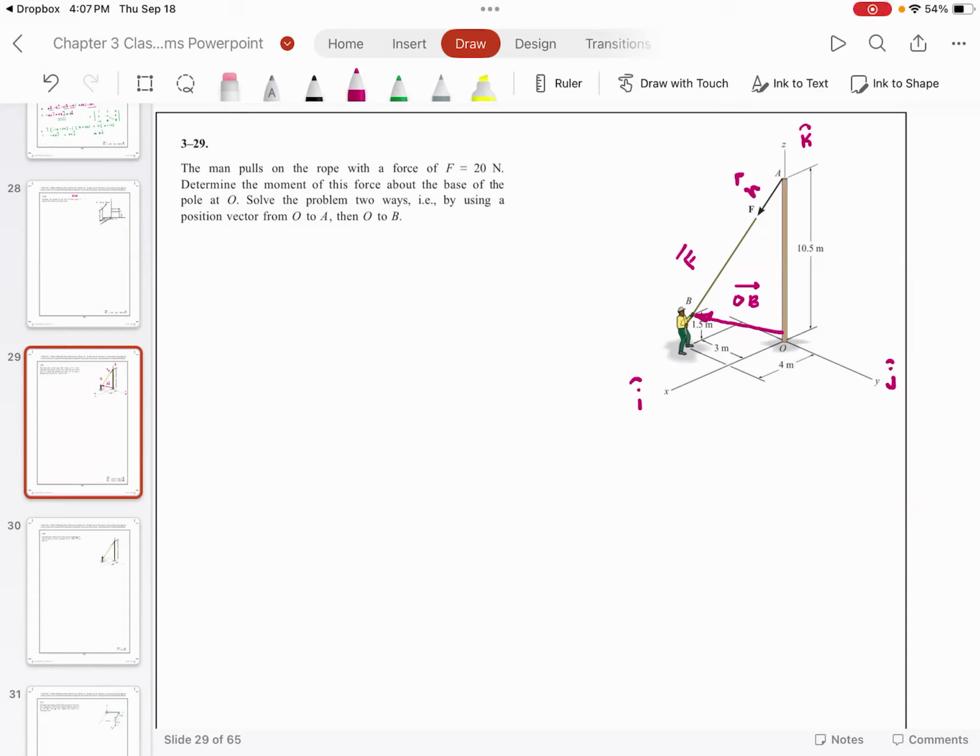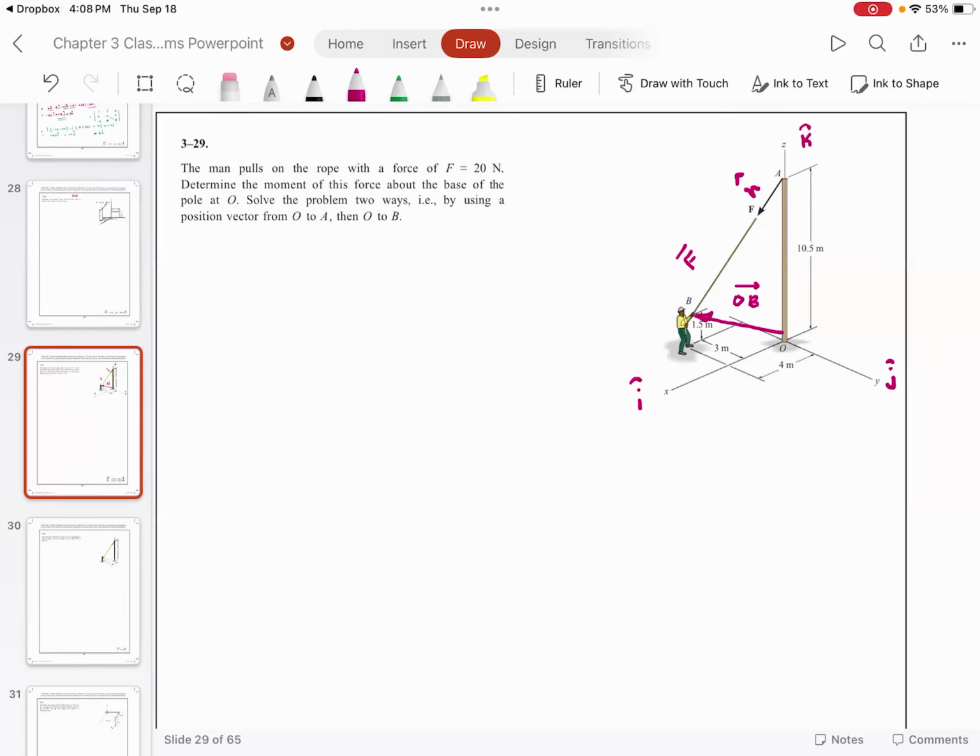This unit vector has a magnitude of 1, but it tells you the orientation of that force with respect to the x-axis, y-axis, and z-axis. How do I find that out?